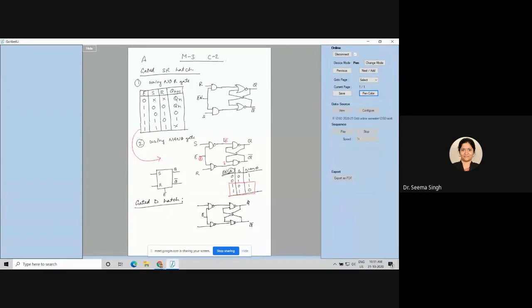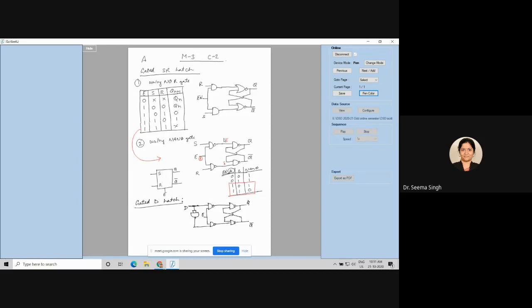And you have your S, you have a R. This was your S. I'm not writing it because I'm making it a D latch. And what is a D latch? D latch will be connecting a NOT gate from one input to the other input. Can you see? I have connected a NOT gate.